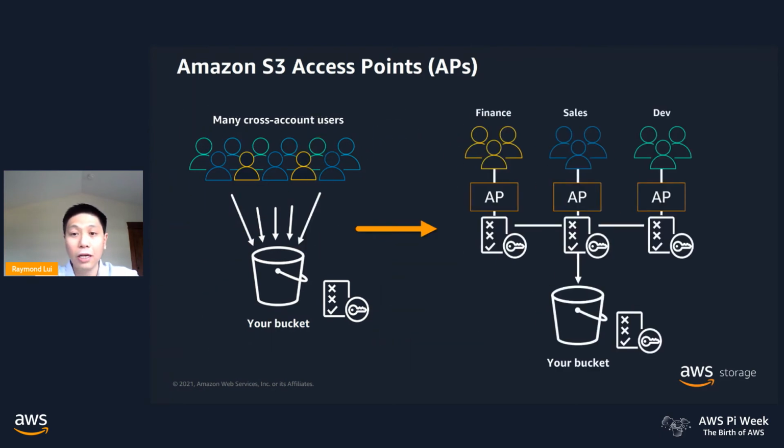In a nutshell, you divide access to your bucket into multiple access points for different groups of users. Here in this example, we divide cross-account users into three groups: finance, sales, and dev. Each group reads and writes data from a designated access point that has its own access point policy.